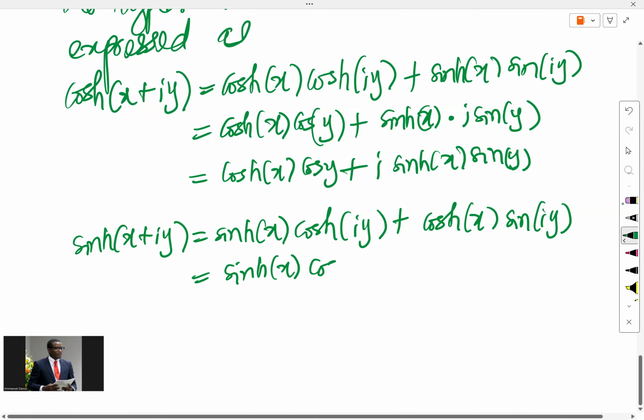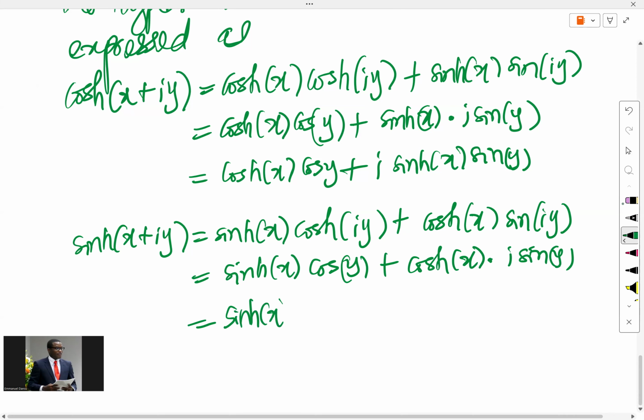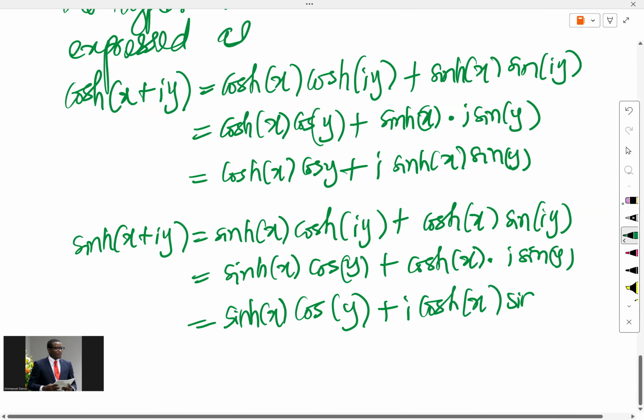Cos iy is simply cos y, like we know, plus cos x, of course. Sin iy again is i sin y. So if you put all that together, we get sin x cos y plus i cos x sin y.